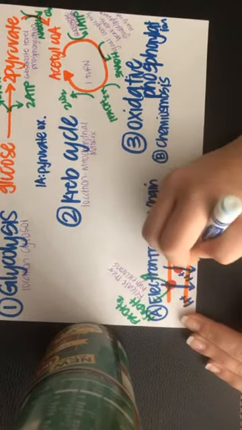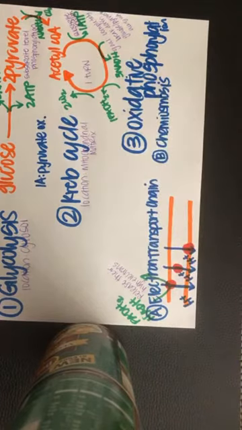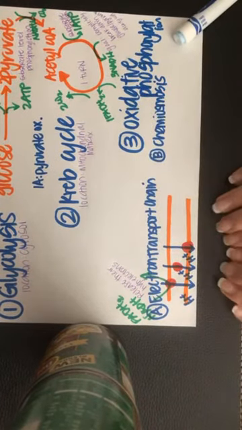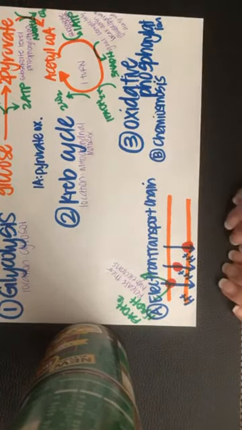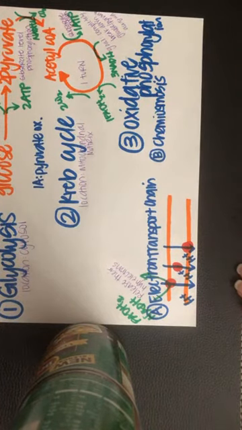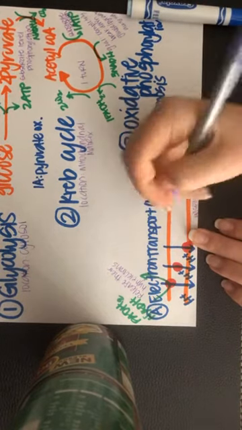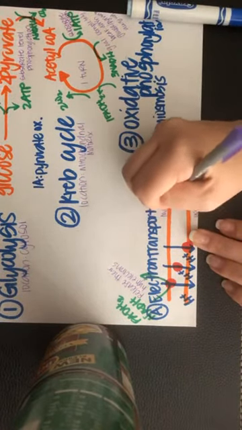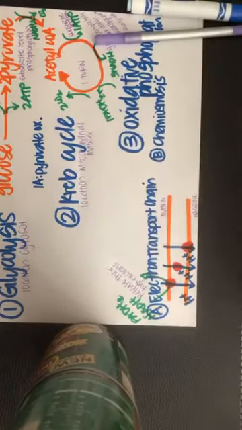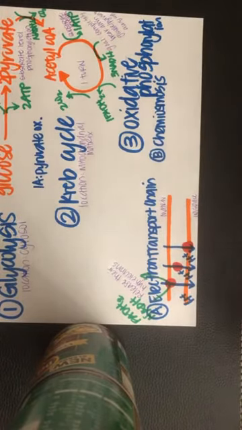So if this was the IM space right here, and then this is our matrix, it's going to pump these protons out into that IM space. And so we'll have this high concentration of them, and that leads us to a potential energy. And that potential energy can then be used to fuel the next part of the reaction.